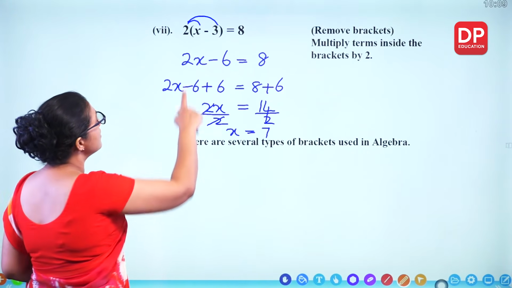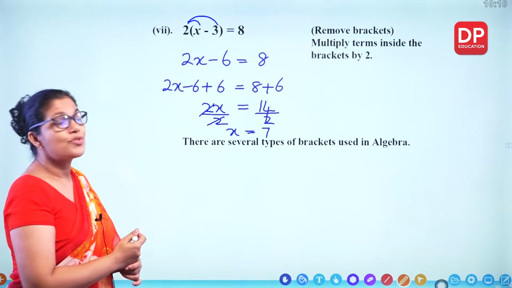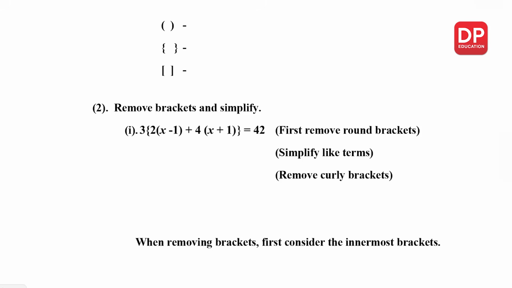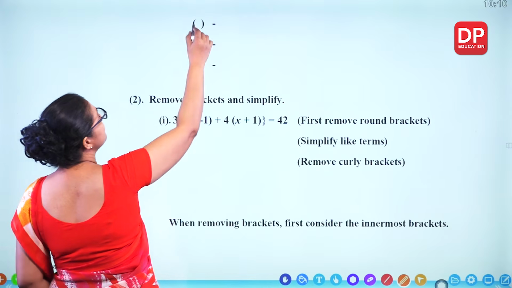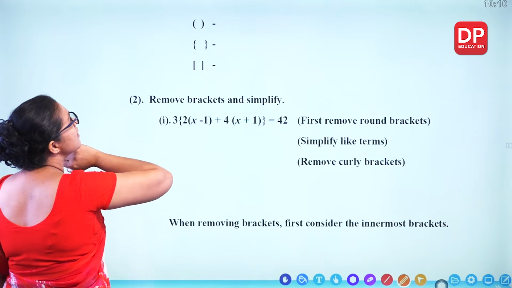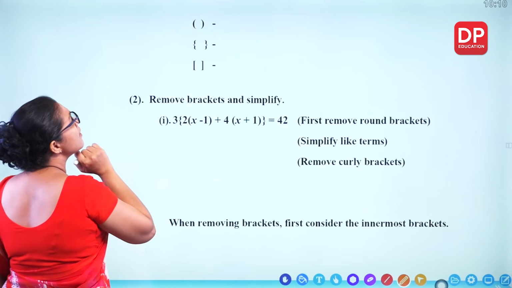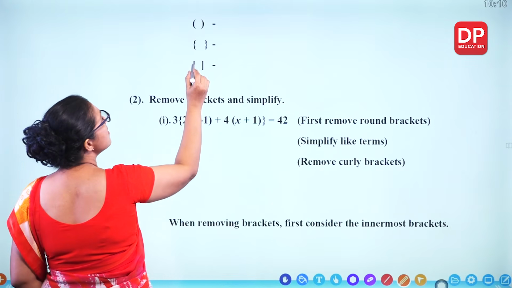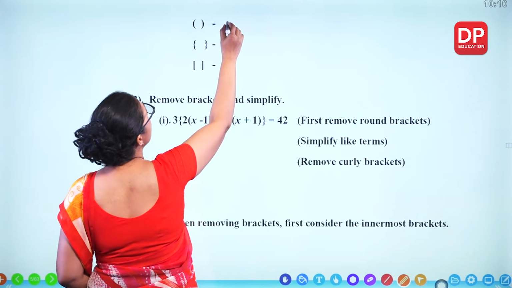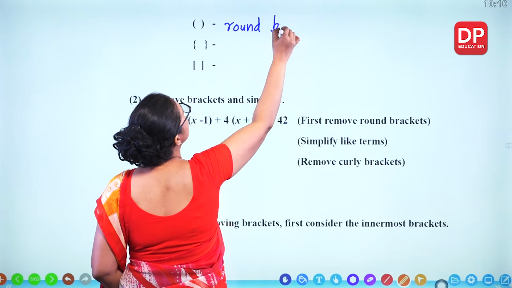Now, in this one, we got brackets. So, there are several types of brackets used in algebra. So, we'll look at what they are. So, you get the normal bracket, which we call the round bracket.